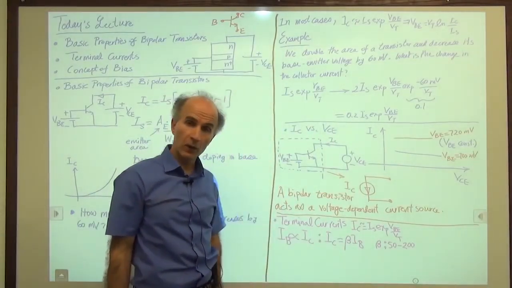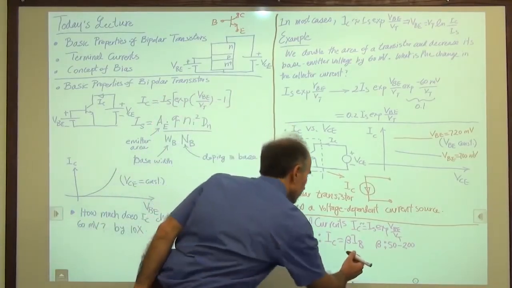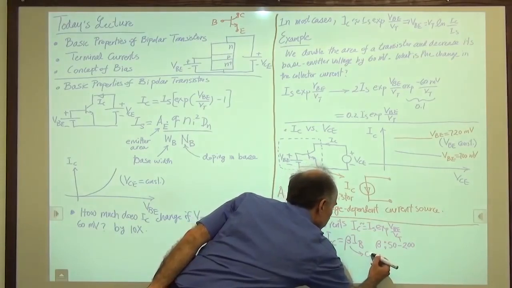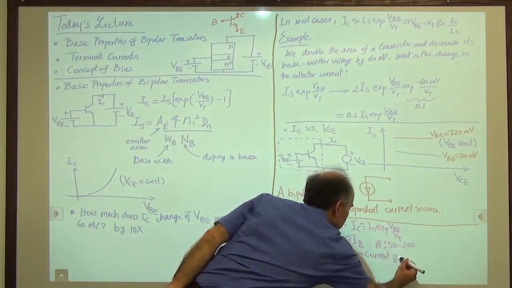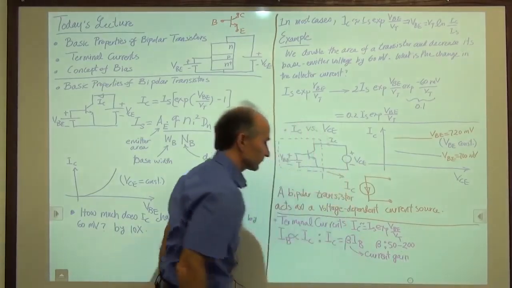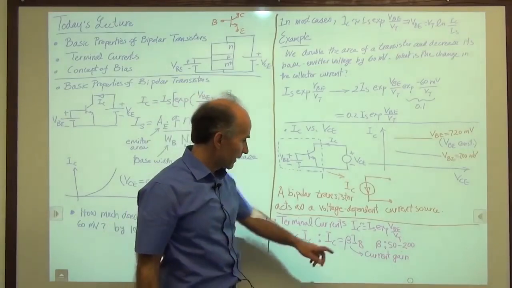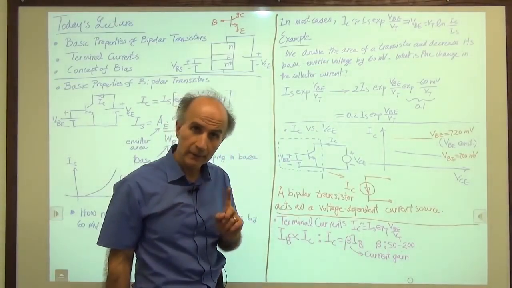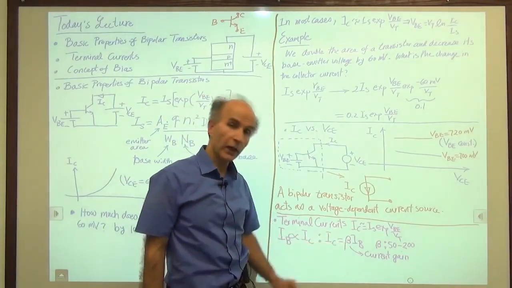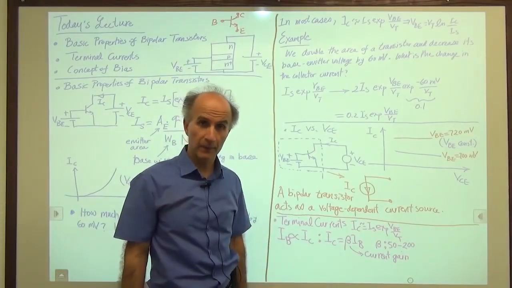Beta has a name. We call it the current gain of the transistor. Why? Because it says that if IB is, for example, 1 microamp and beta is 100, then IC is 100 microamps.